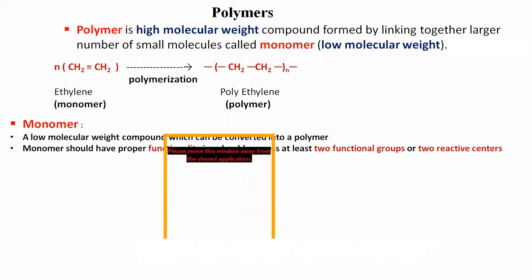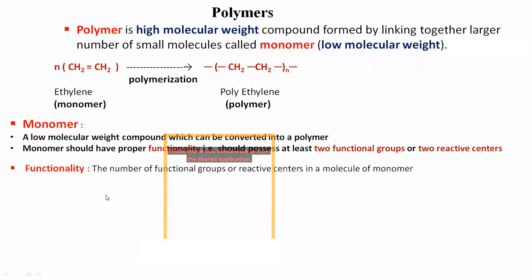So those organic molecules having at least two functional groups or two reactive centers, then and only then can we call them monomers, and those molecules can be converted into polymers. So we can define functionality accordingly: the number of functional groups or reactive centers in a molecule. That is functionality.